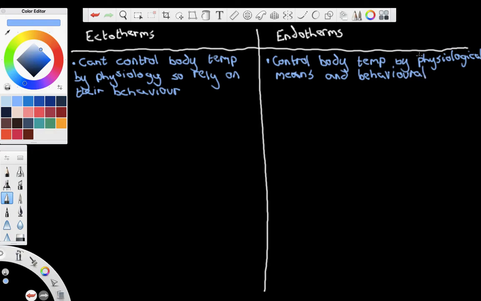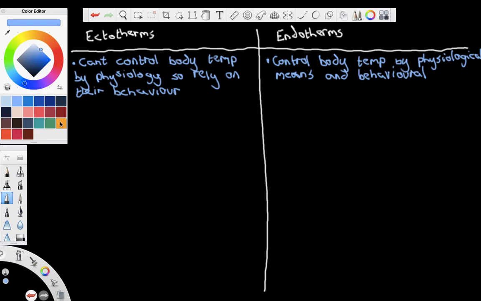Remember, you are a human, so you are an endotherm. If you get too hot, you might take your jumper off. If you get too cold, you may go and sit in the sun. You may put a heater on. These are all examples of behavioral actions which allow you to regulate your body temperature.